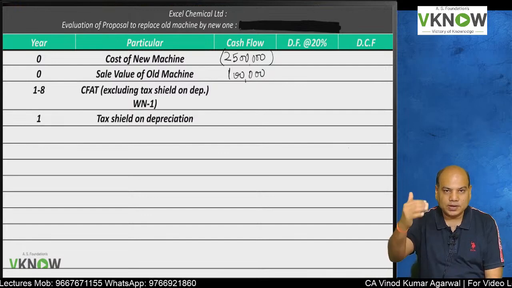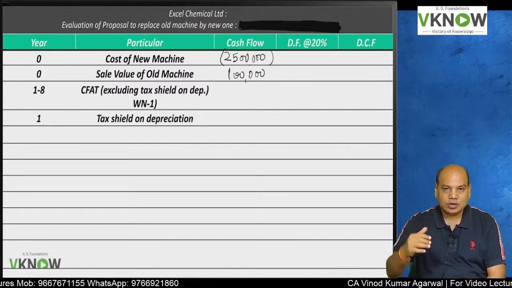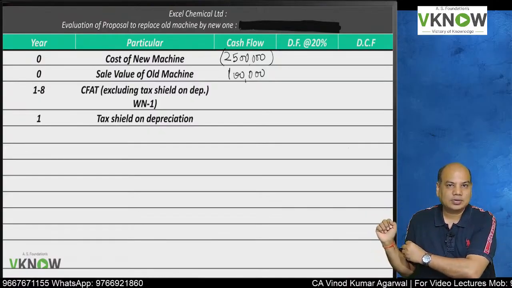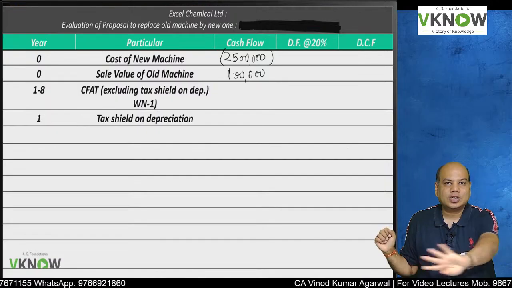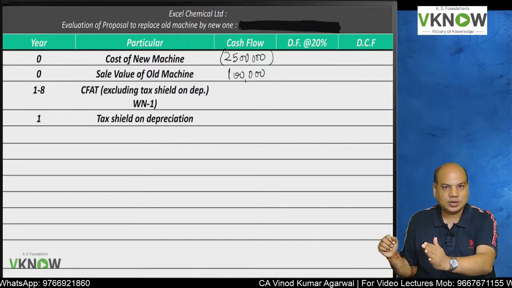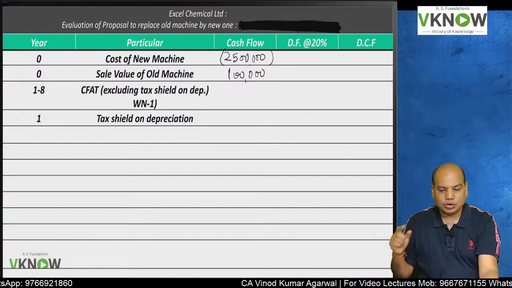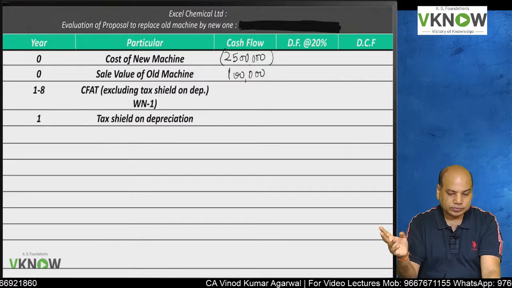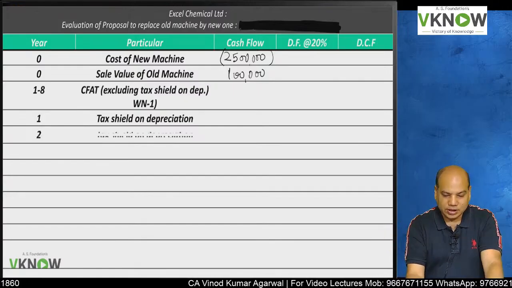To simplify my calculations, I can keep tax shield on depreciation separate and CFAT other than depreciation separate. So if I keep depreciation separate, my CFAT is going to be a constant amount per annum. So that was my strategy.